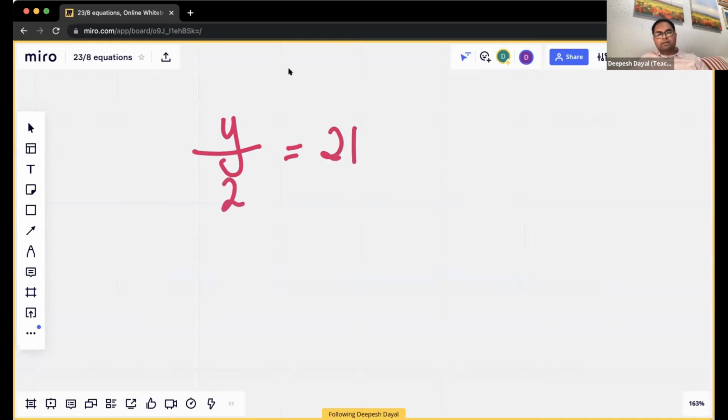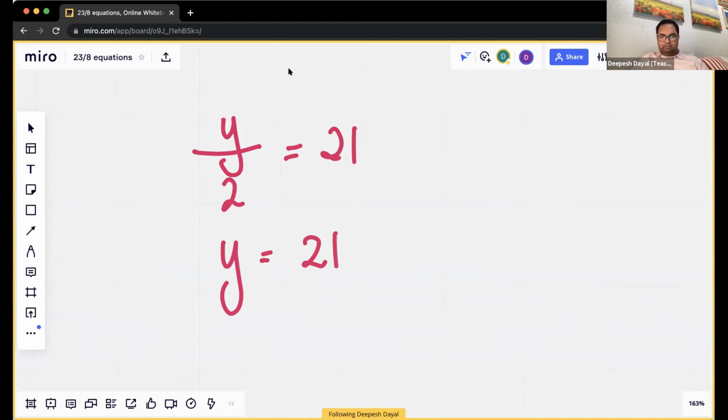What will y equal to in this situation? So y equals 42. How did you get that?